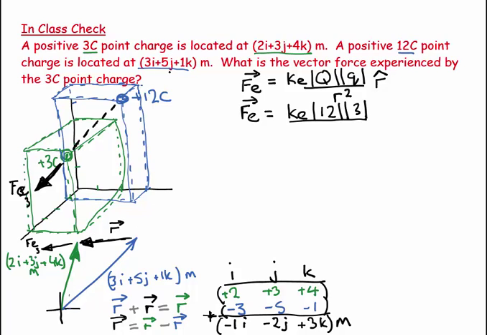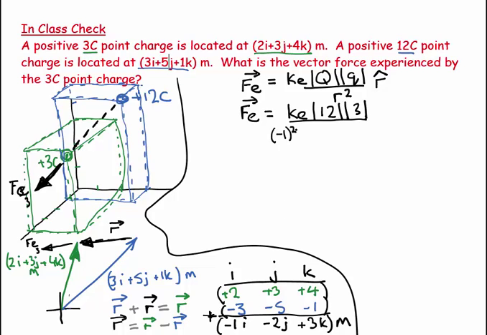So to keep life simple, we're going to give ourselves some space here. Okay, so big deal. What do I do now? Well, here's the thing. I want to find the magnitude of this vector and square it. So this is Pythagoras: -1 squared plus -2 squared plus 3 squared.